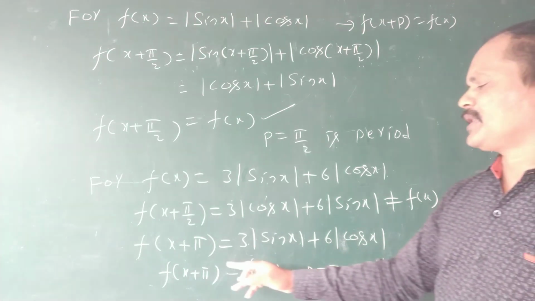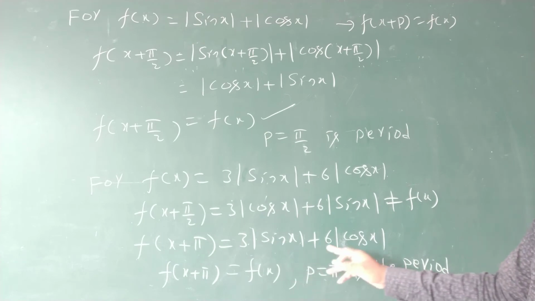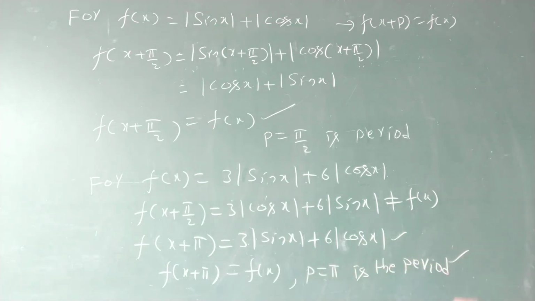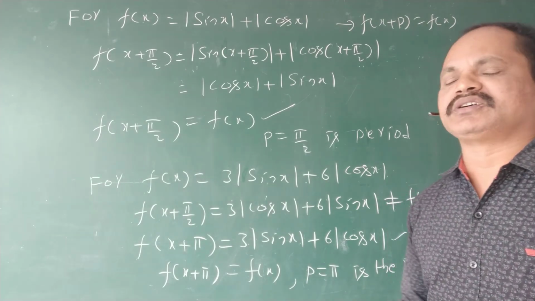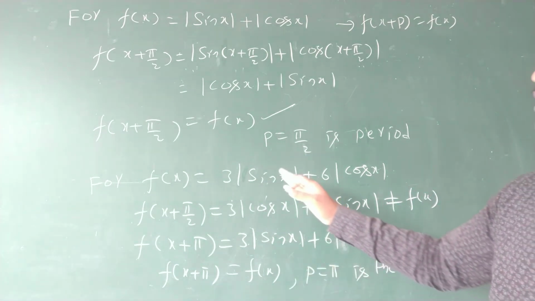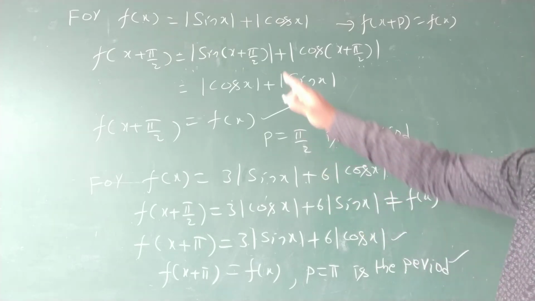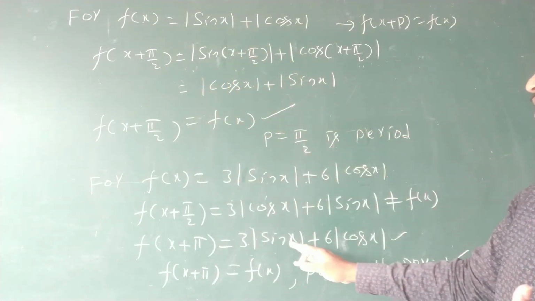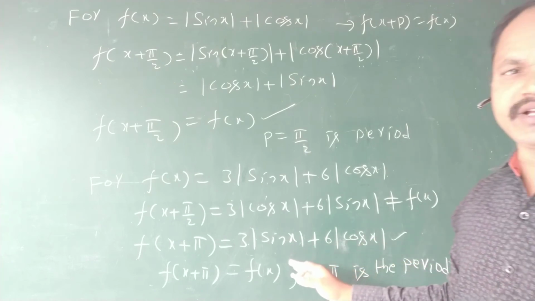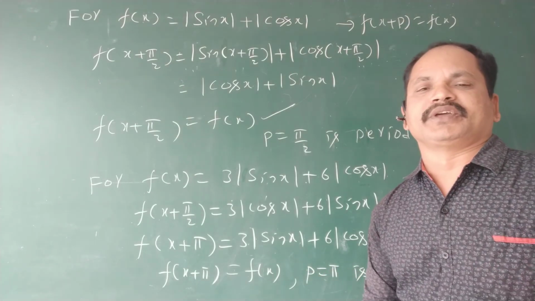That's why f of x plus pi is equal to f of x. The same function will be there, so the period is pi. So what you observe: if the coefficient of mod sin x and the coefficient of mod cos x are equal, then the period is pi by 2, and if they are different, then the period is pi.